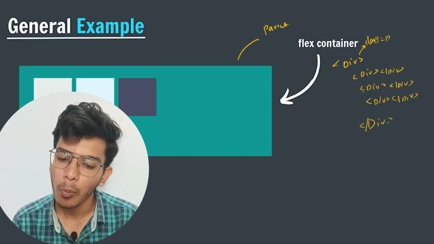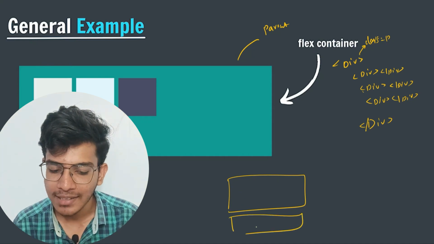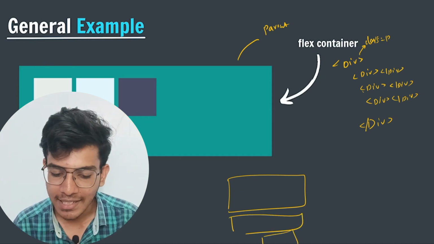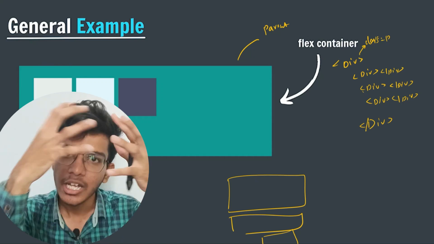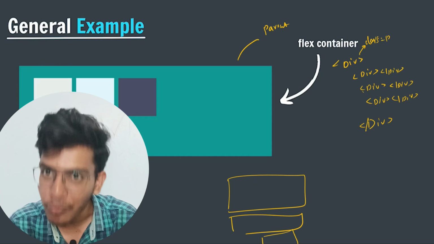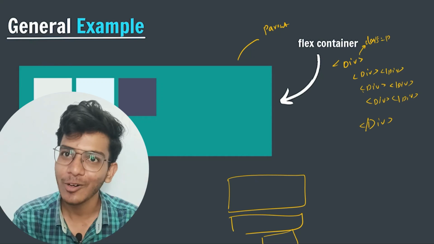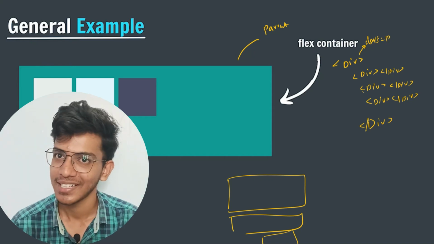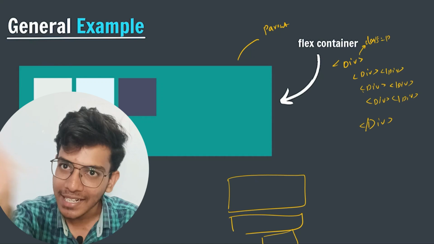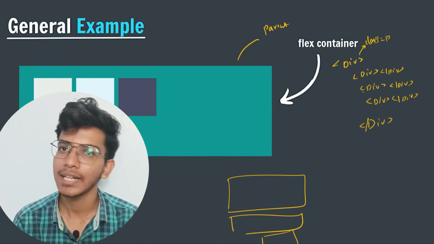By default, I will have my container, and the next container will come under that, because div is a block element. It will occupy the entire width, irrespective of what is parent, what is child, and the next div will come after it. Like this the elements will get arranged.